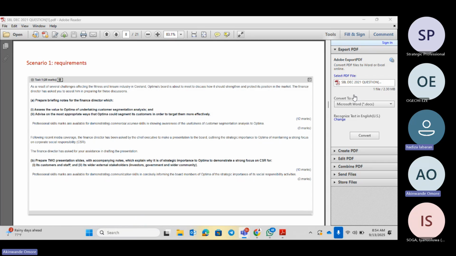Then when you're reading the background, you'll be able to know the parameter to use for the suitability, that is, is the company doing well in that particular area and all that. So you should be able to outline them. Then when you outline them, you'll be able to fit in which one goes under suitability, acceptability, and feasibility. I've learned a lot.